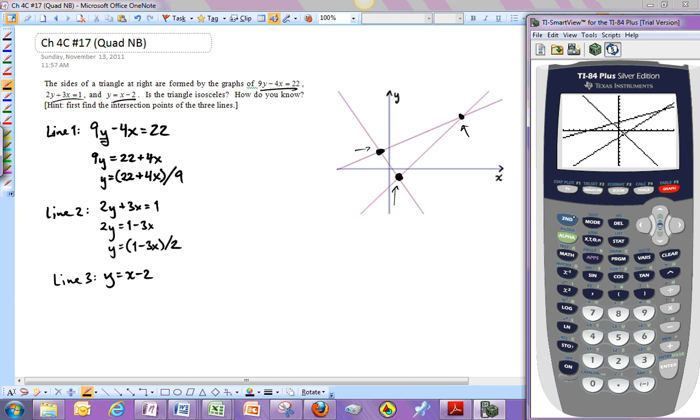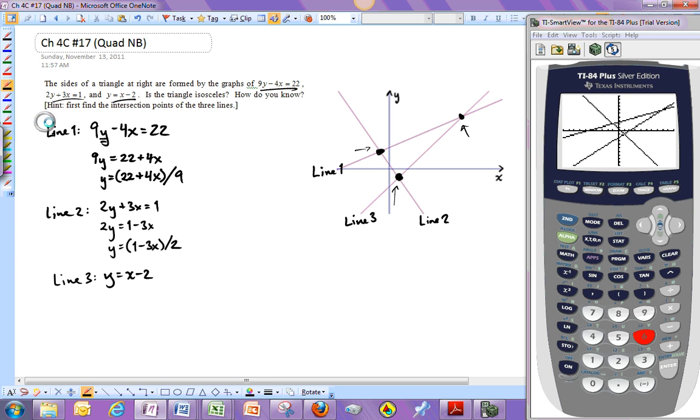Also, what you would probably want to do is go to Zoom and come down to Zoom Standard, number 6. And then it'll give you this negative 10 to 10, negative 10 to 10 window. Okay, so there are our 3 lines. And notice the order that they graphed in. This one went first, this one came second, this one went third. So that means the first one's line 1, the second one was line 2, and the third one was line 3.